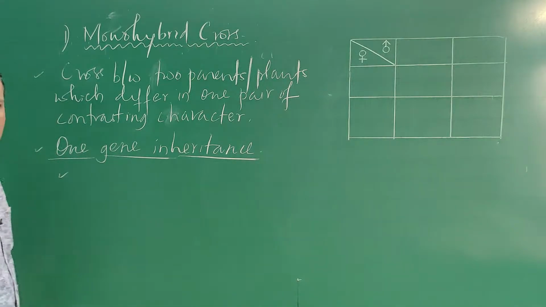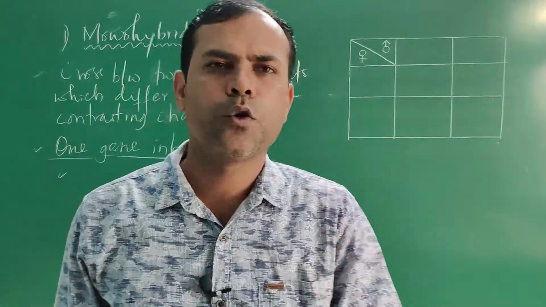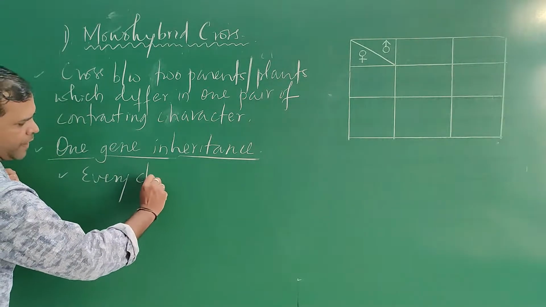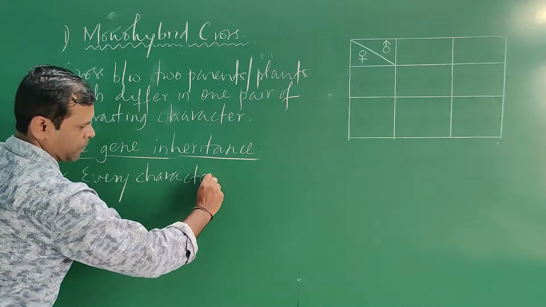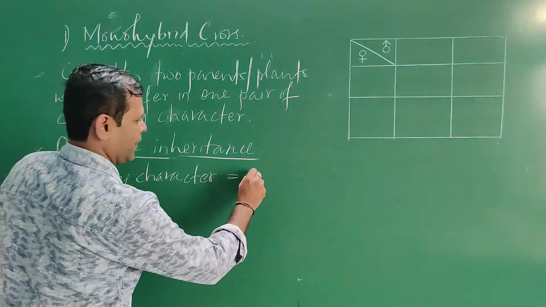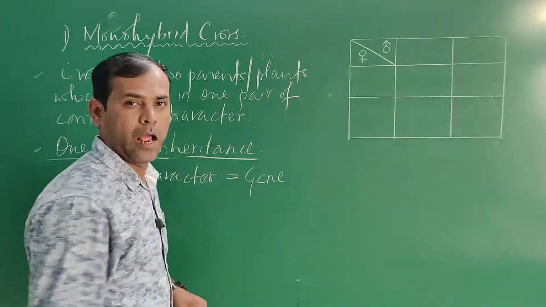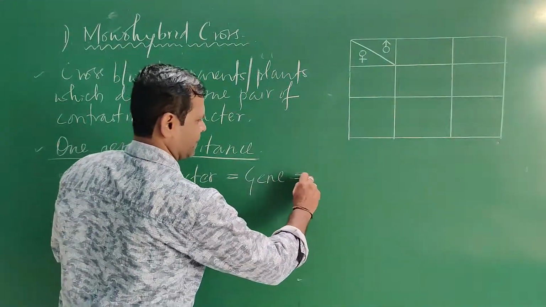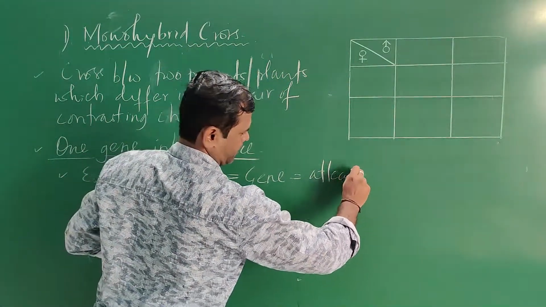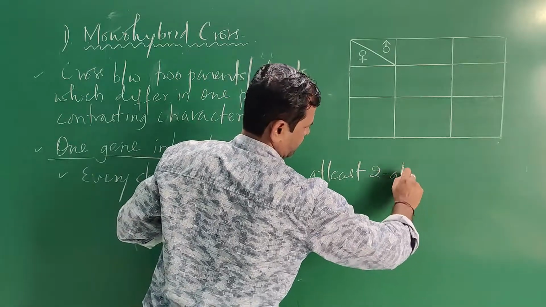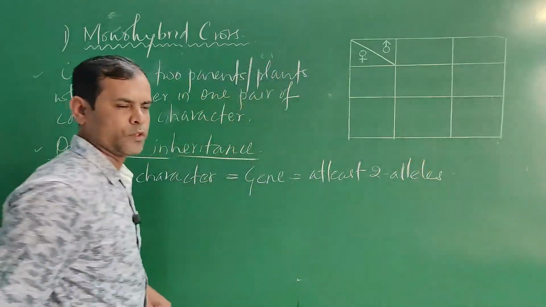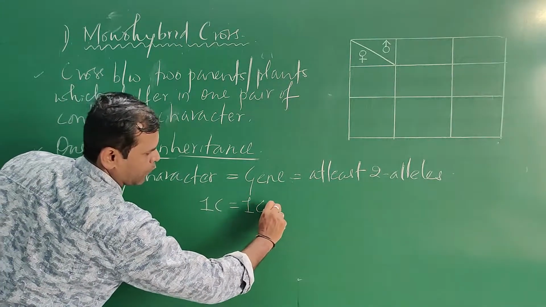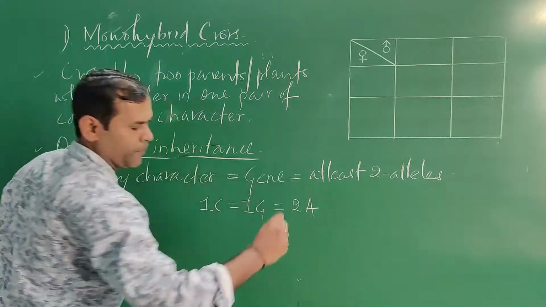Now, we all know every character is controlled by a gene. And we also know one gene has at least two alleles. So simply I can say one character is equal to one gene and one gene is equal to two alleles.